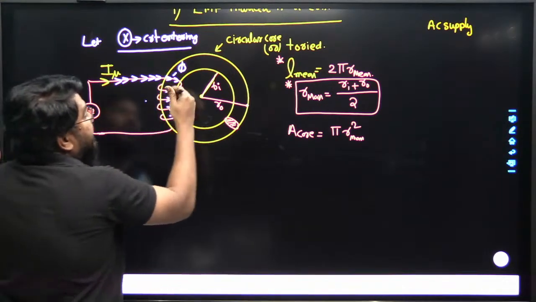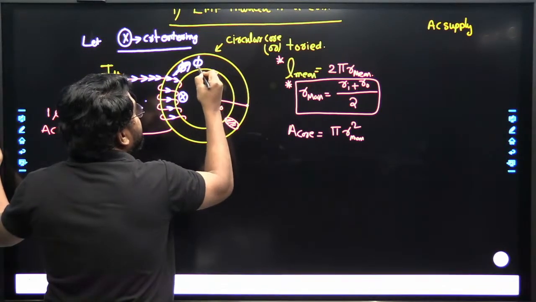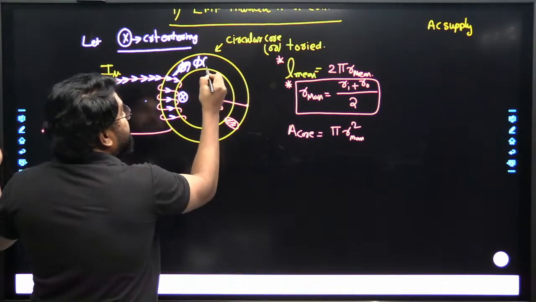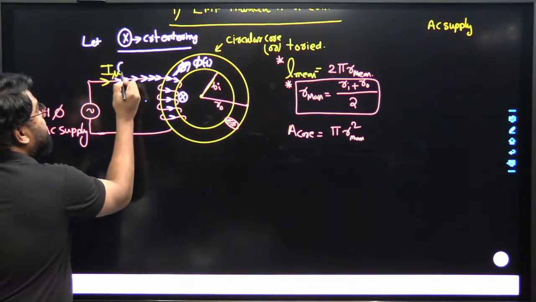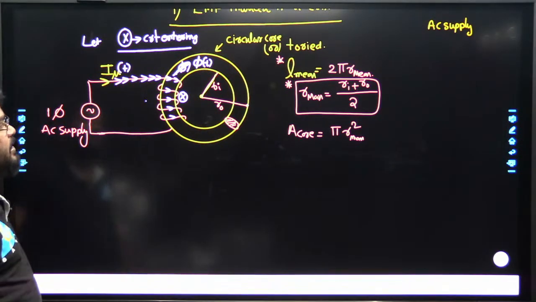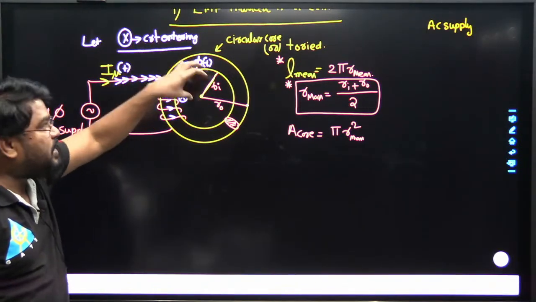According to the right hand thumb rule, the flux lines pass through. This is the flux in the coil, the time varying flux, φ of t, produced by i mu of t.